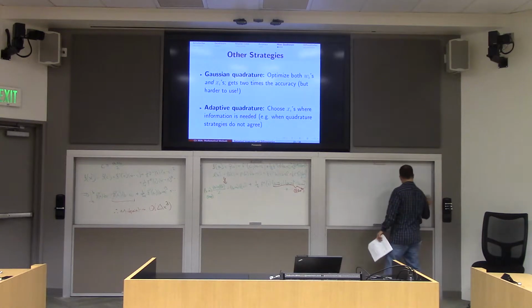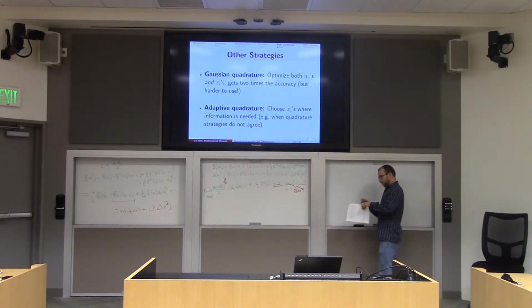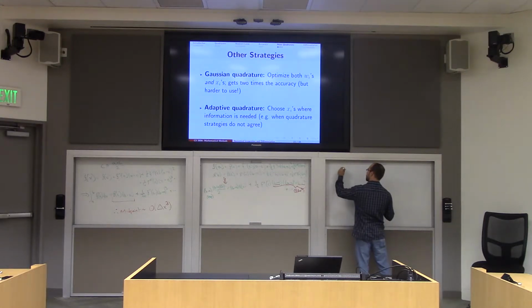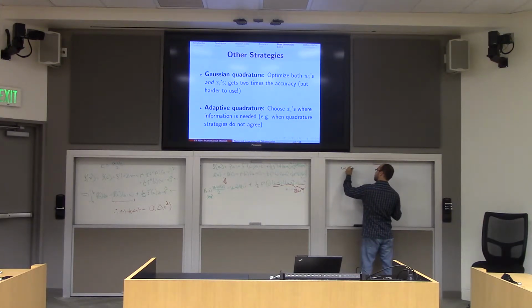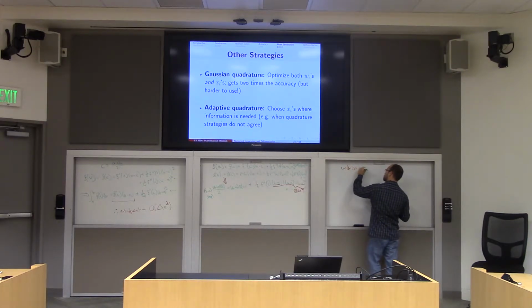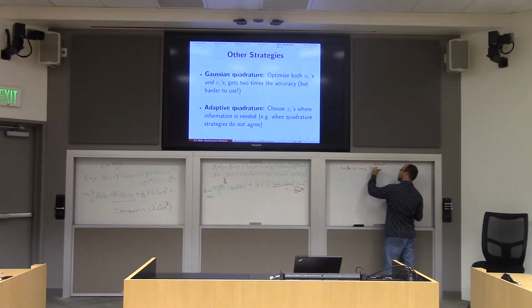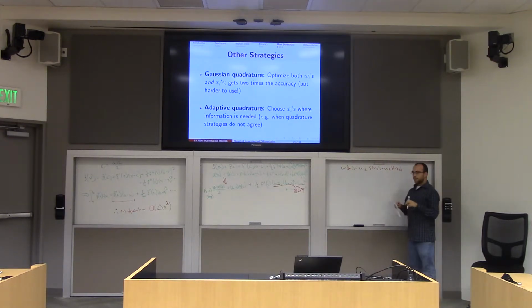But the idea is, for example, let's say that I want to do 3-point quadrature. So I'm going to have w1 f(x1) plus w2 f(x2) plus w3 f(x3). Then the method of undetermined coefficients says, maybe I want this to hold exactly for small degree polynomials.